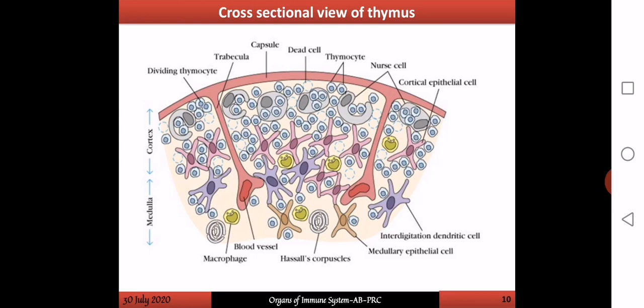There are more thymocytes in the outer cortex region. But in the inner medullary portion, there is a small number of thymocytes, most of them in the activated stage, right? And there are some other cells also given with certain names that we will see. These are the non-lymphocytic cells which are nonetheless significant.